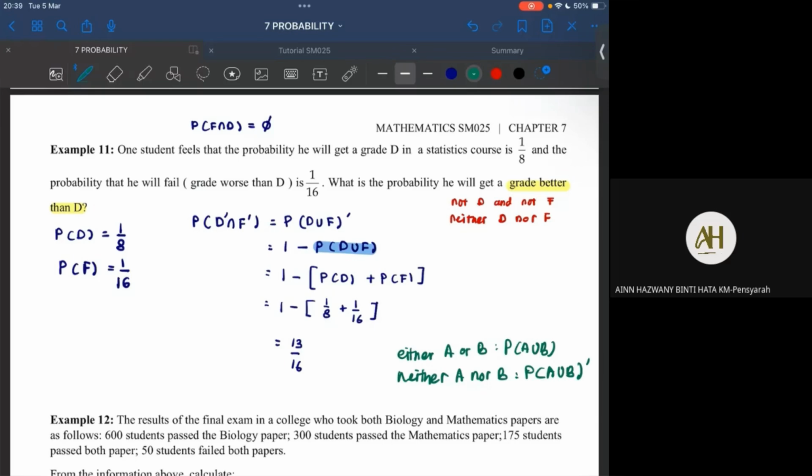Okay. Ataupun boleh jadi juga, sebelum kita gunakan De Morgan rule, dia ialah P A prime intersect B prime. Okay. Setelah kita gunakan De Morgan rule, dia akan jadi P A union B prime. Salah satulah nak hafal. Yang mana pun boleh.